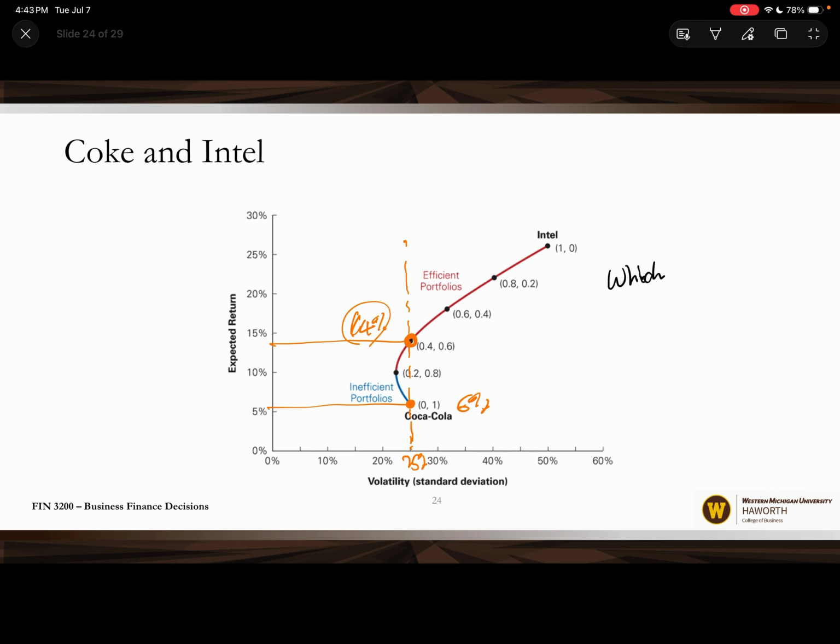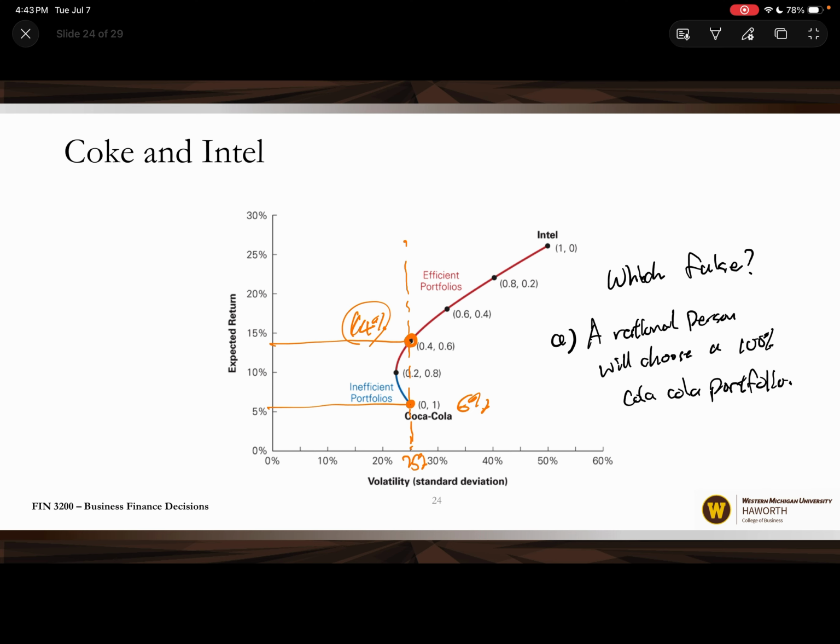Which of the following statements is false? A rational person will choose a 100% Coca-Cola portfolio.